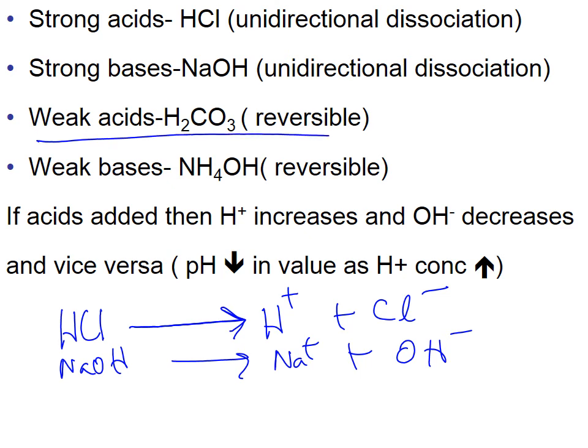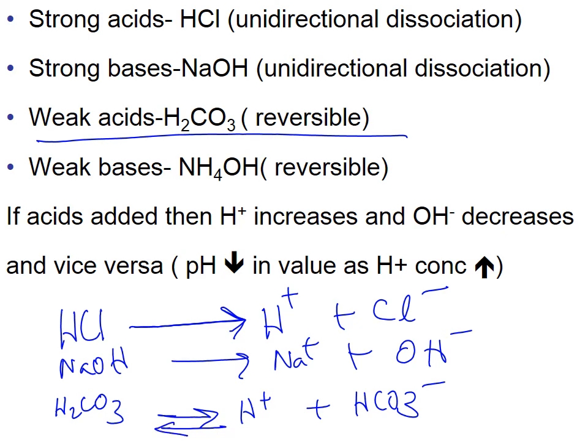Whereas a weak acid would be reversible. H2CO3 is H plus plus HCO3 minus. It is a reversible reaction. Same way with the weak base ammonium hydroxide.